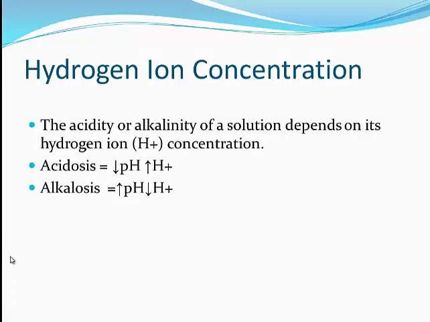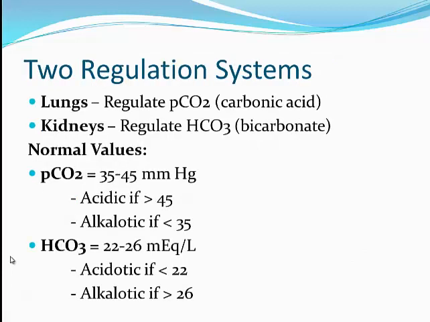One way some people will remember this is that with the PCO2, if you put a 7 in front of the 35 to 45, so you get 7.35, 7.45, the pH runs the same as the PCO2.